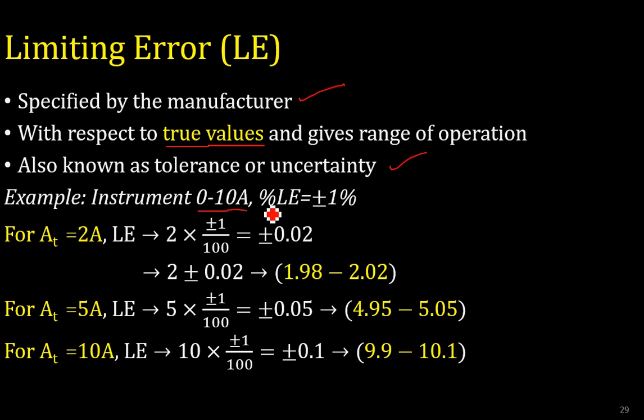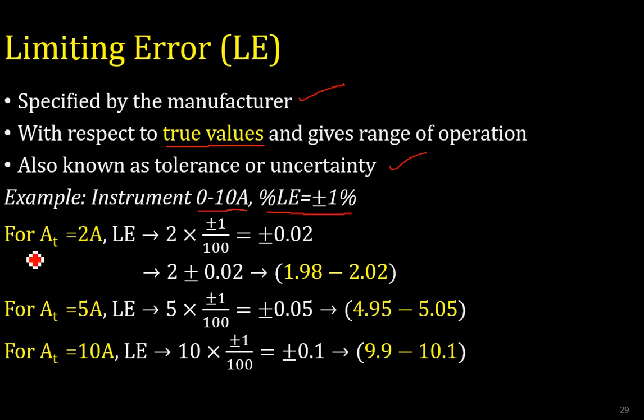So you are able to read a maximum of 10 amperes, and the percentage limiting error is given as 1%. Okay, so remember this percentage limiting error is with respect to the true value that is being measured, not with respect to the full scale reading. So here your full scale reading is 10 amperes, but this limiting error is with respect to the true value.